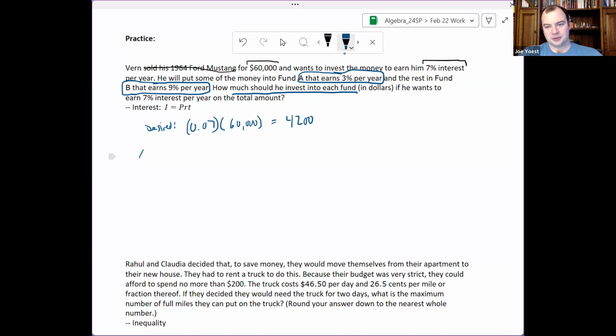And the actual interest that he'll earn is what?